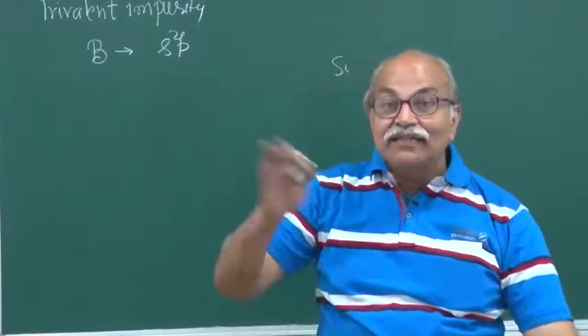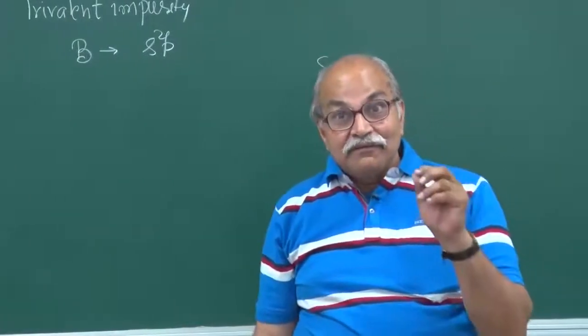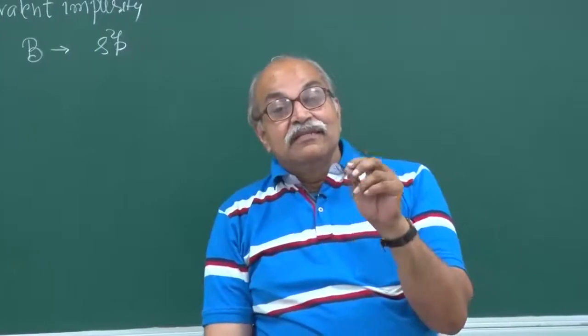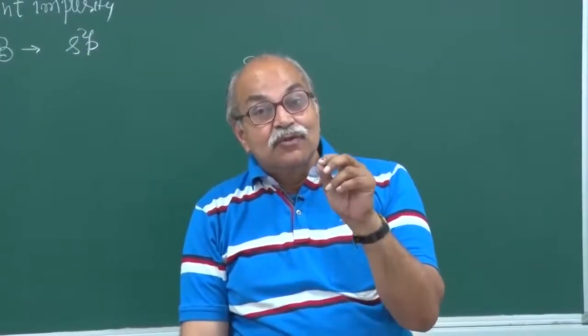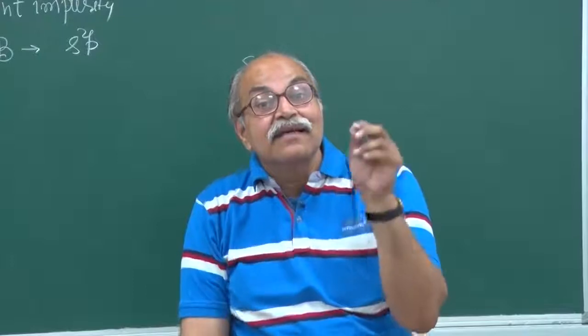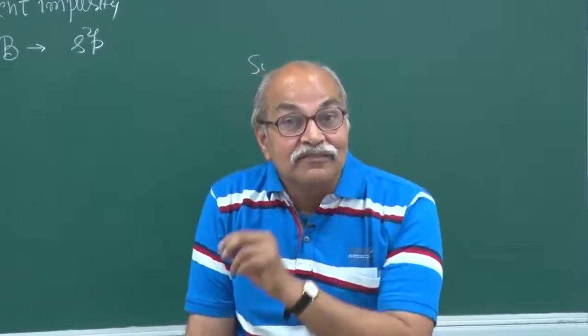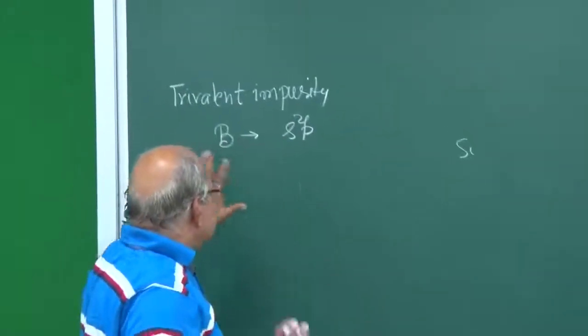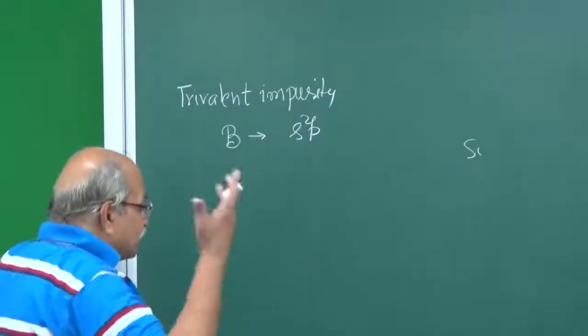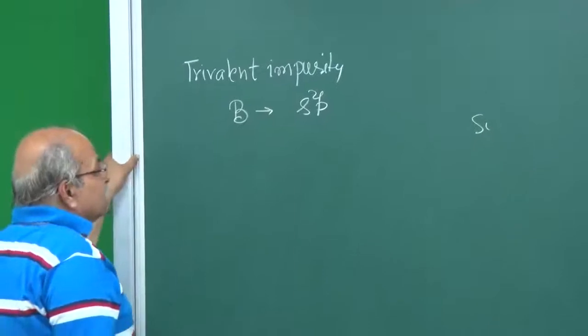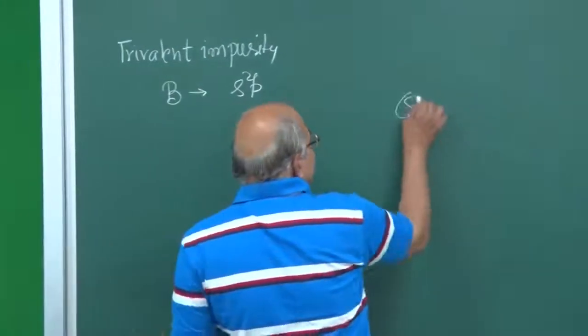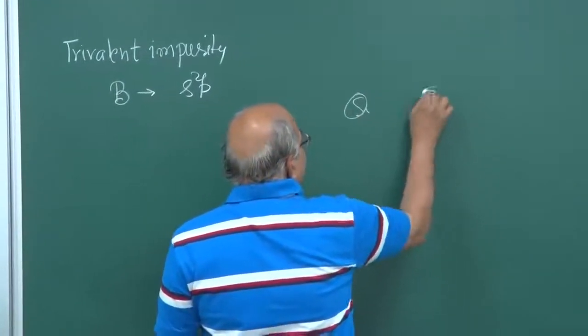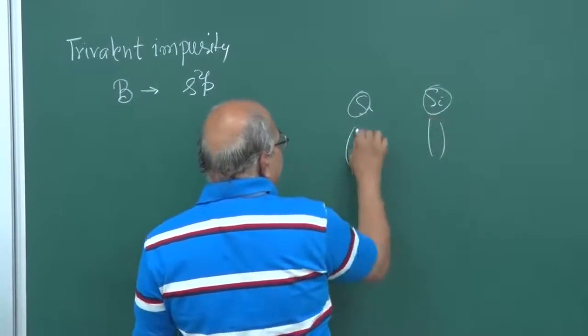So you have to retain that structure and ensure that the impurity is just going and sitting at the site of one silicon ion. So there are very nice metallurgical processes one has to do, and then you have, let us say, silicon and silicon and so on, that same diagram.